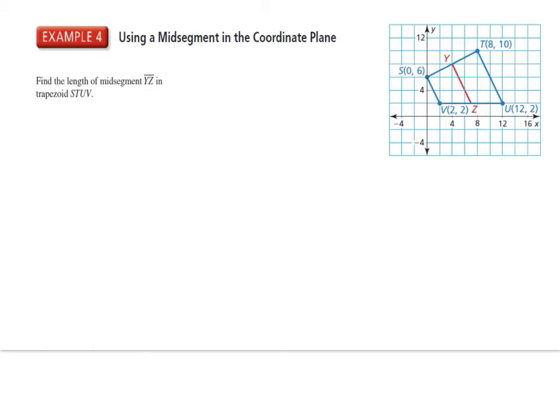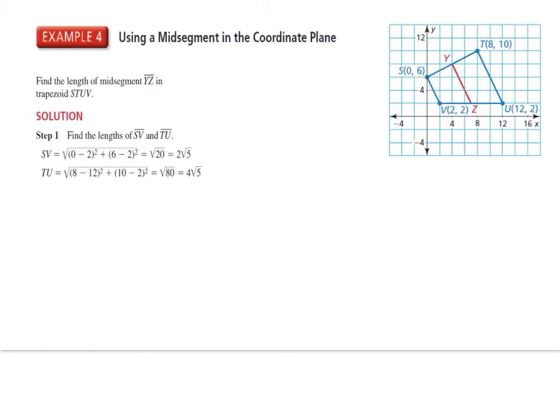So first get the length of SV. Using the distance formula, you get a length of SV of 2 square root of 5, and the length of TU is 4 square root of 5. Next, you use the mid-segment formula and set up an equation, plugging in your 2 lengths, and then do order of operations, and it comes out to be 3 square root of 5. You can also give it as a decimal value.